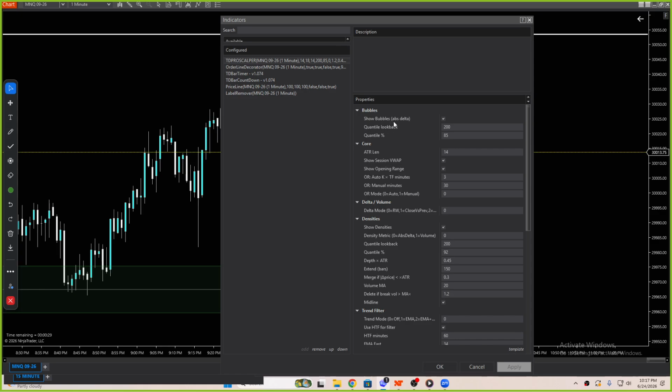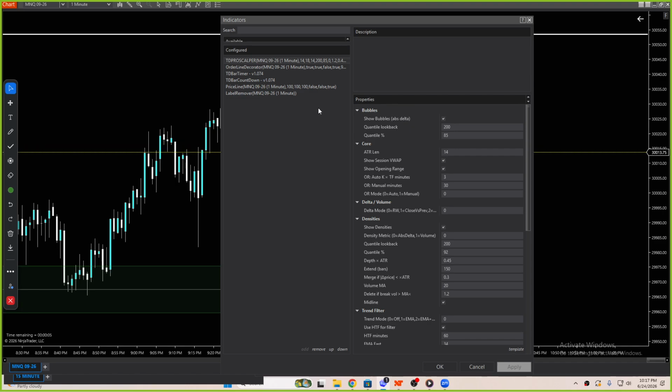Show bubbles, which is on the bubble part. That's the delta, right? It's whether we have an absorption on the delta or we're breaking out of the delta, whether the delta is increasing or it's being absorbed.